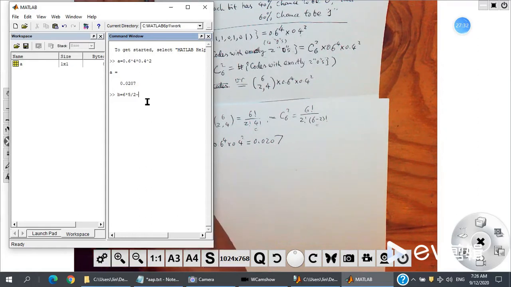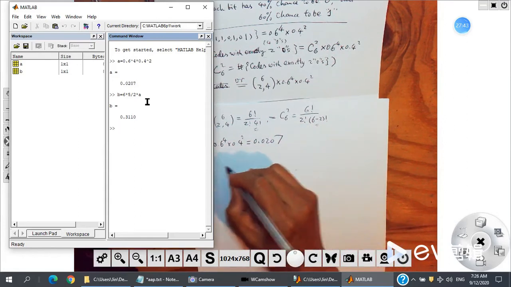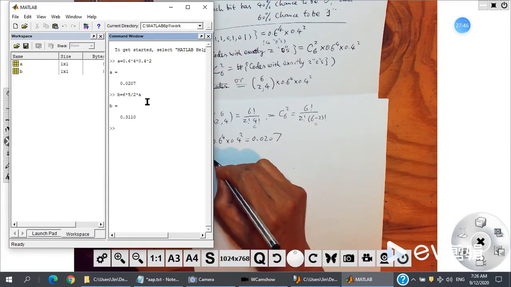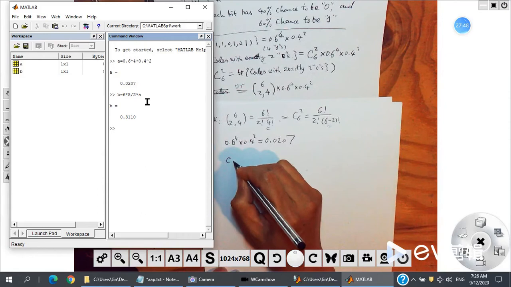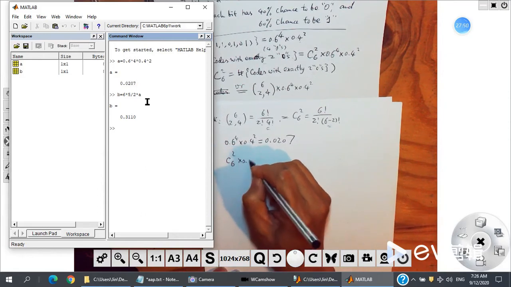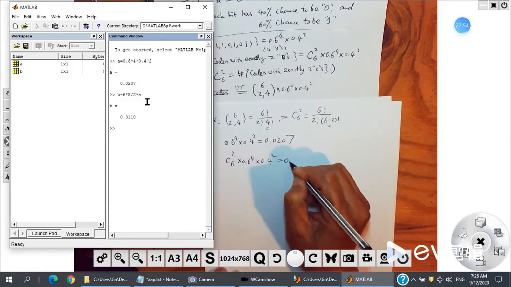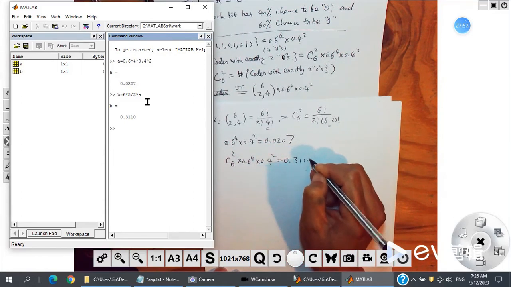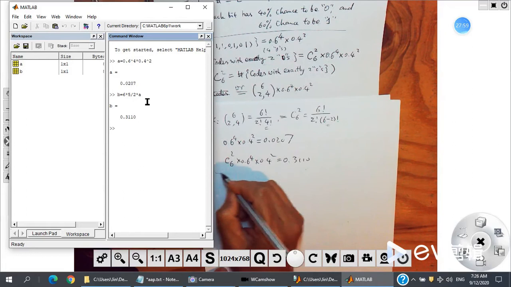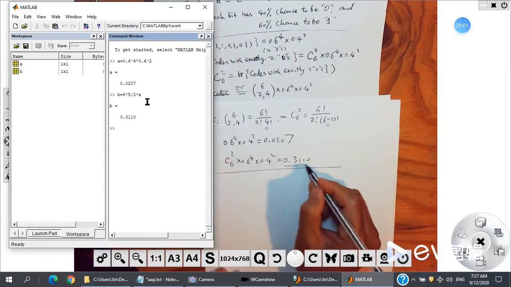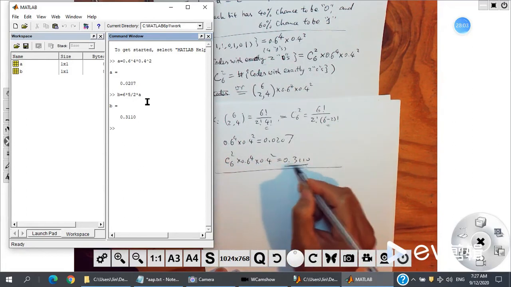Then this one times A. That is C(6,2) times 0.6 to the 4 times 0.4 squared. That's 0.3110. All right. So this probability is not a small one. 31%.